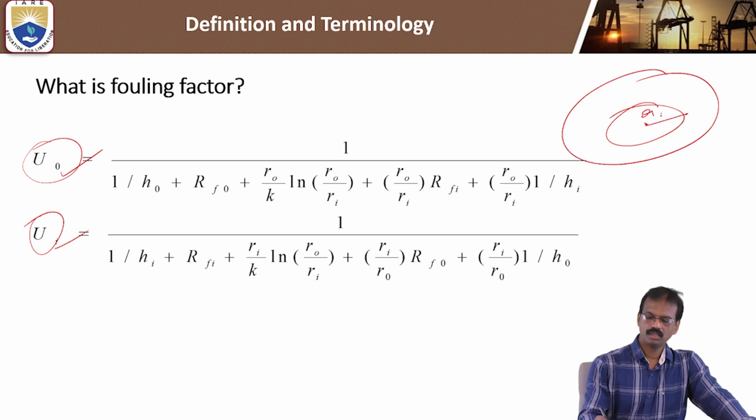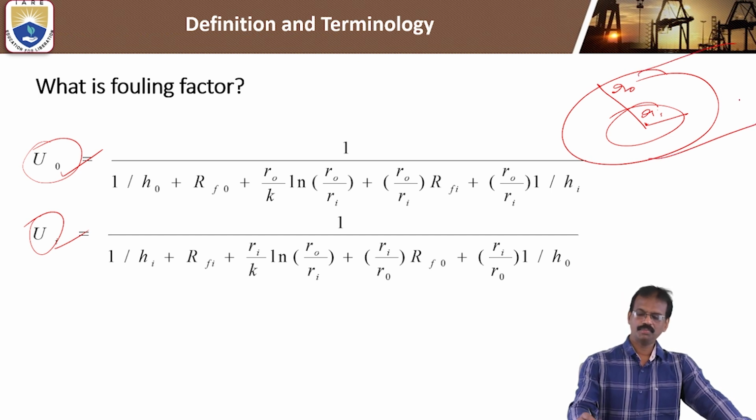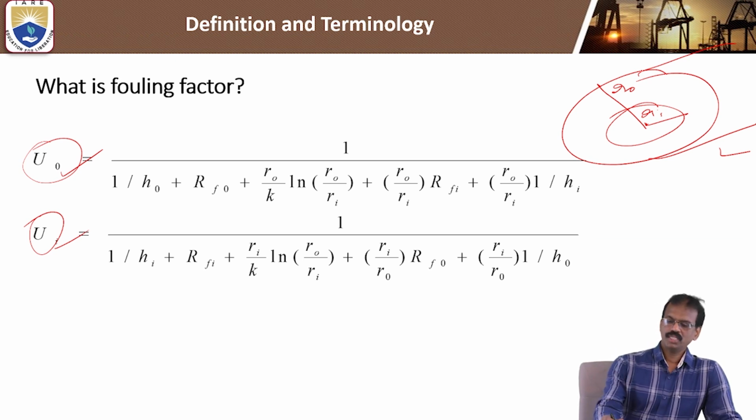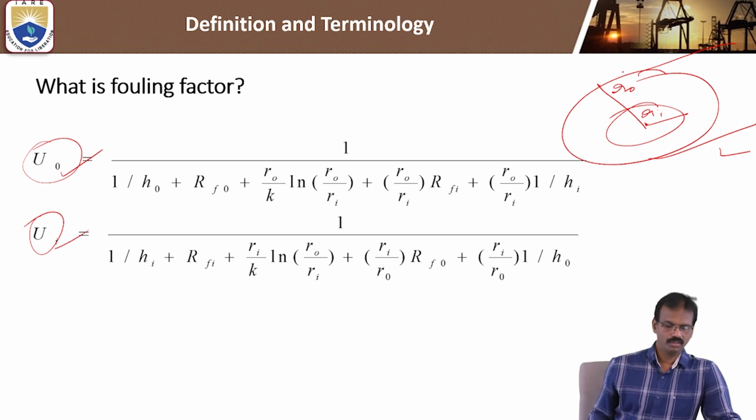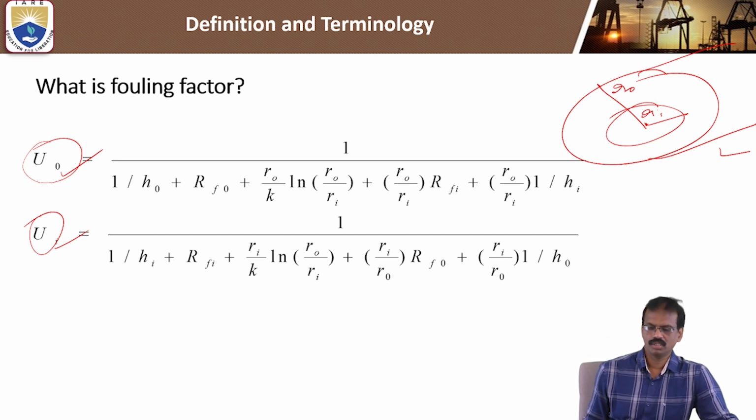This is R_i, this is R_o, and you'll see the length of the pipe also. That is the length. So here you can find the overall heat transfer coefficient with respect to the outer surface, and with respect to the inner surface.